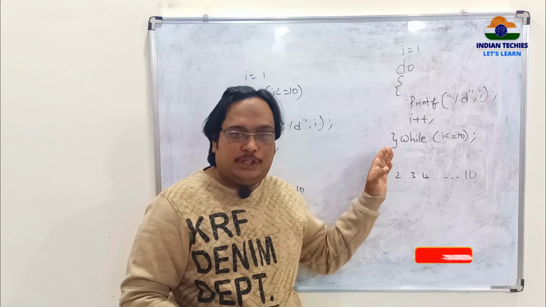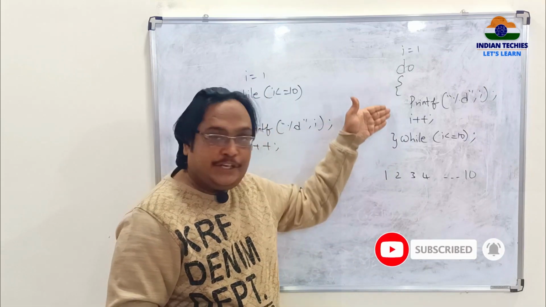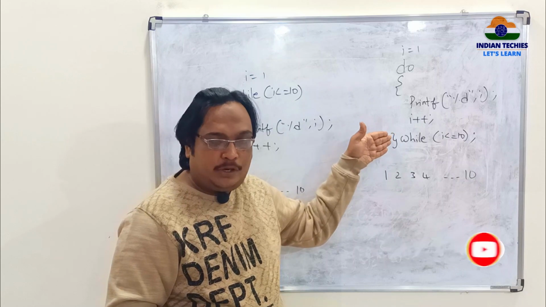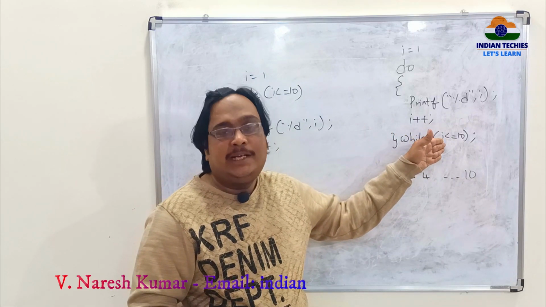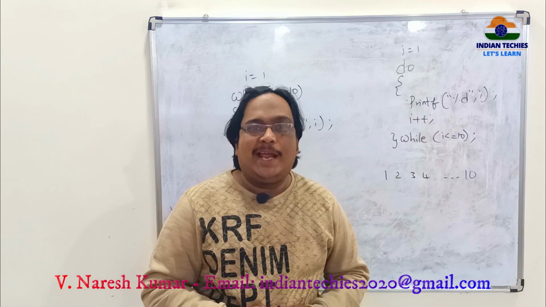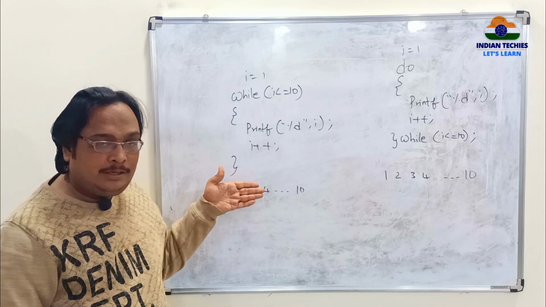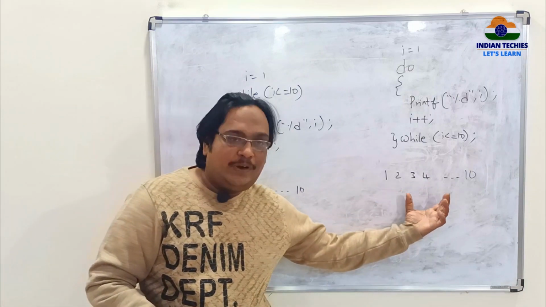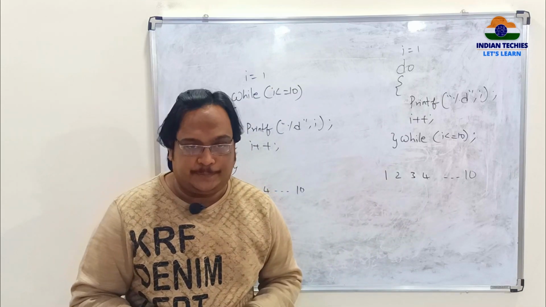Next, coming to do while. In do while, first it executes the block. Once the block is executed, then at the exit, at the end, it checks the condition. That's why do while comes under exit controlled loop. So while comes under entry control, do while comes under exit control. This is difference number 1.